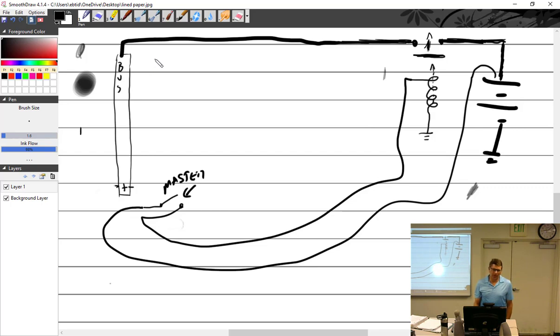Well, I have a starter on the front of the airplane. Just asking for trouble now. There's a starter up in the front of the airplane. It's a starter motor. How am I going to control that starter?